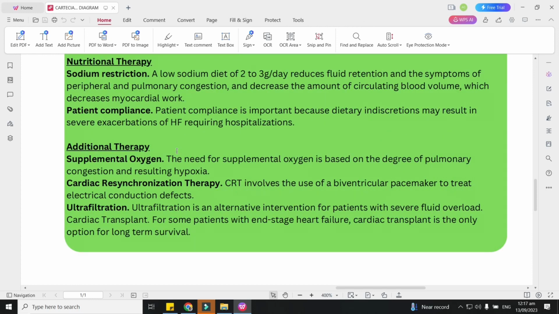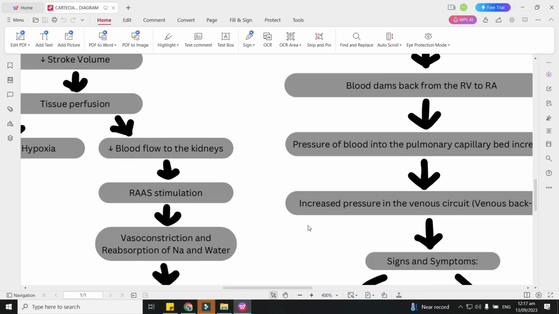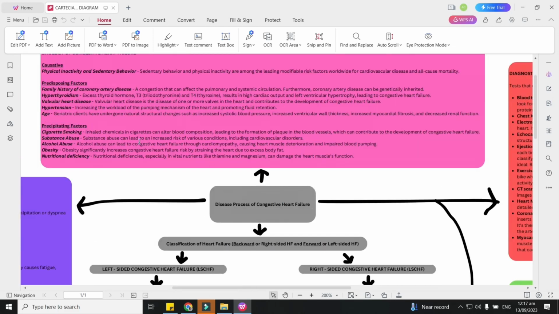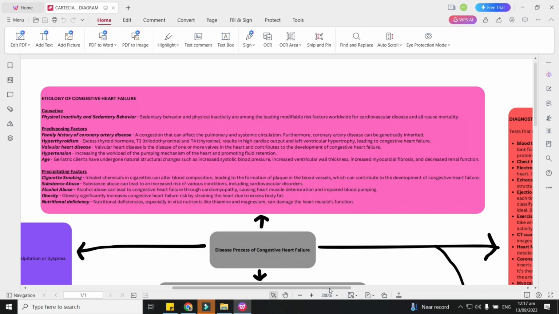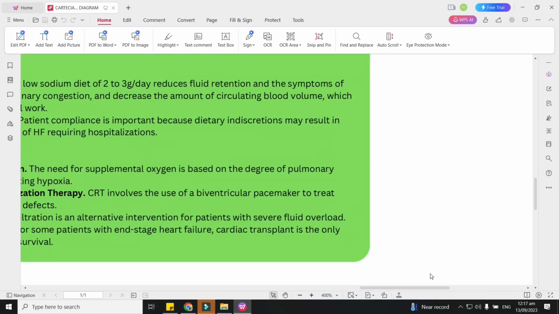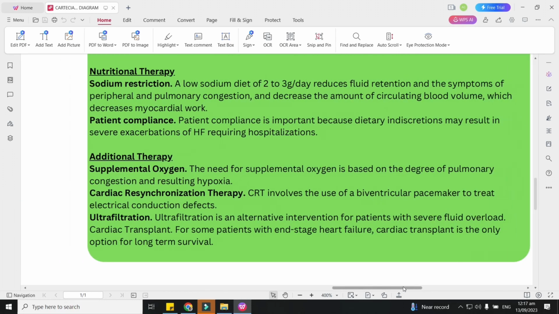Because as I've also mentioned, hypertension is one of the most overlooked predisposing factors of congestive heart failure. So they must be compliant with the nutritional therapy or the medications that they were given.